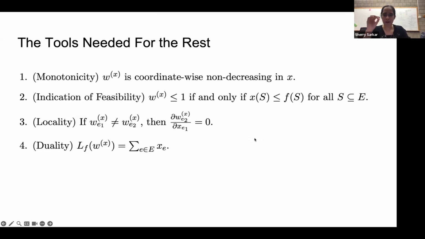There's a locality property, where as XE changes, the water level is roughly stable. And then there's a duality property here. This is the Lovász extension of a submodular function. But this duality is how we show that our change in primal is equal to change in dual. Just glossing over some of the buzzwords in our paper.